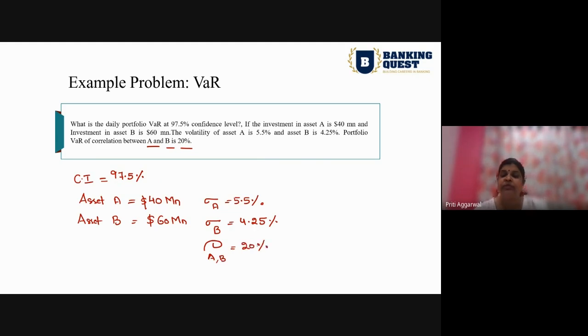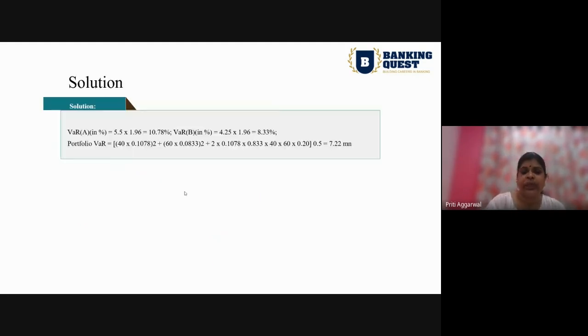So friends, the way we had found out the standard deviation of a portfolio, the same way we can find out the daily VAR. Sorry, this is not given the volatility.